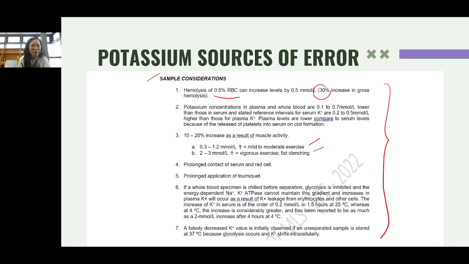Number 4, prolonged contact of serum and red cell, bawal prolonged contact, bawal prolonged application of tourniquet. Again, both of these will cause a false increase in your potassium.